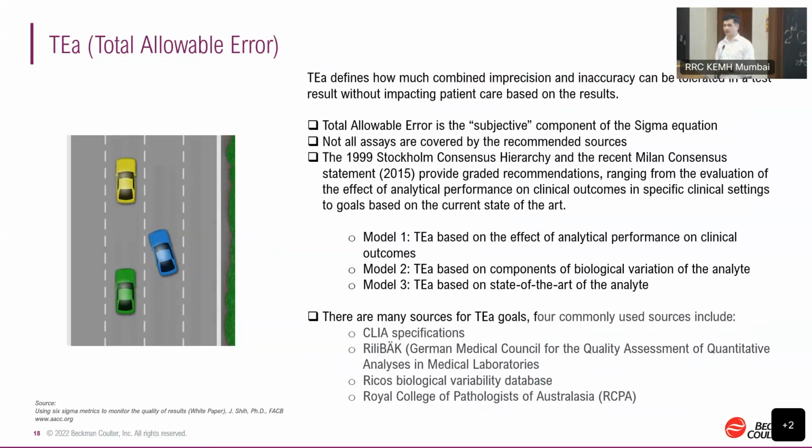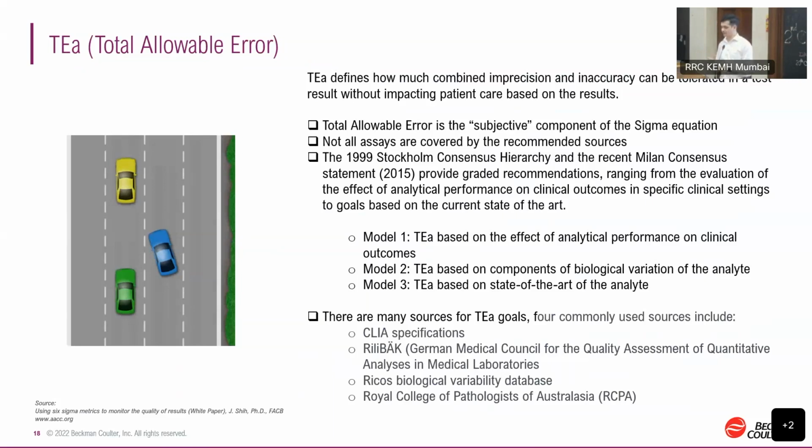So I'm sharing one guideline from international conferences. In 1999, the Stockholm consensus hierarchy, and the recent Milan consensus. So there are two different guidelines here. The recent one is from Milan, which was developed in 2015.